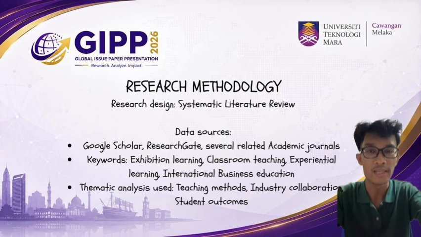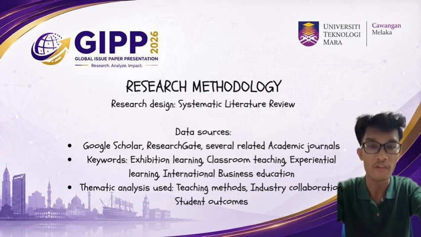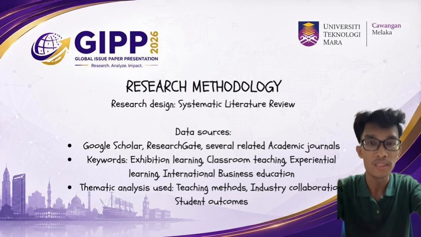When conducting this study, I use a systematic literature review as its research design, and this approach involves identifying, analyzing, and synthesizing existing academic studies to gain a comprehensive understanding of the topic. The data sources I use in the study include reputable academic databases such as Google Scholar, Scopus, ResearchGate, which I mainly use, and various peer-reviewed academic journals.